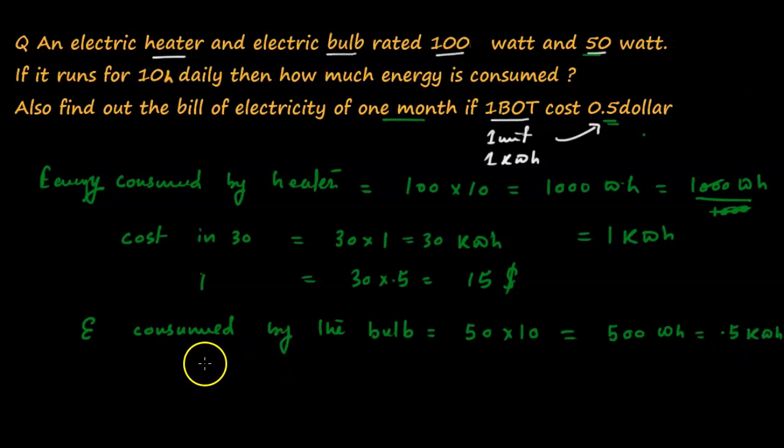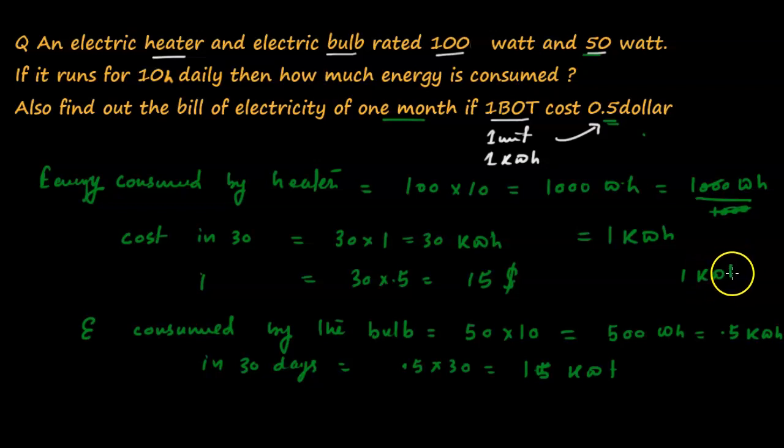Then we can say in 30 days, or 1 month, it will be 0.5 multiplied by 30, and it is coming 15 kilowatt hour. And we know 1 kilowatt hour is 1 unit.